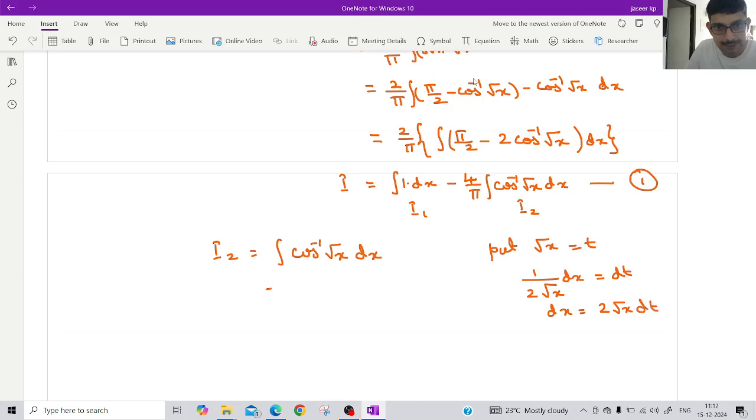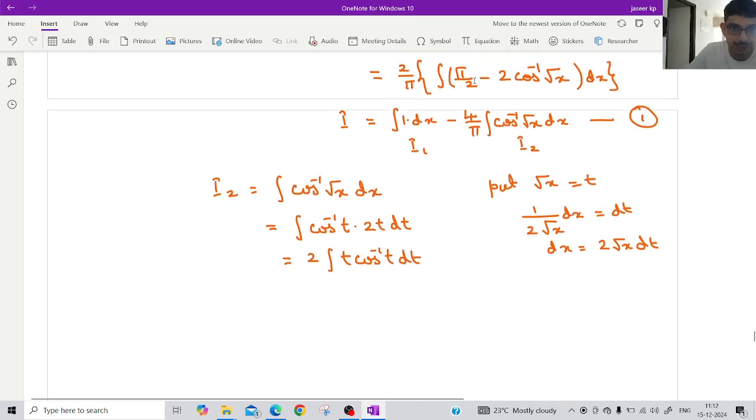So now we will change that. So cos inverse of t, and dx is 2 root x dt, but root x is t, so it is 2t dt. So this is 2 into integral of t cos inverse of t dt. So this can be done using integration by parts by taking cos inverse of t as the first function.